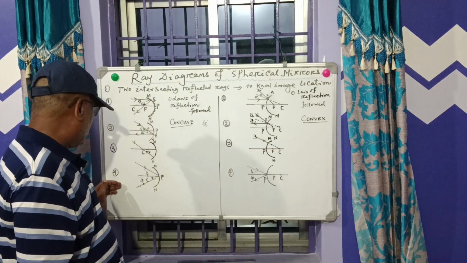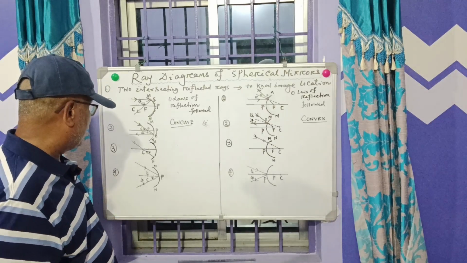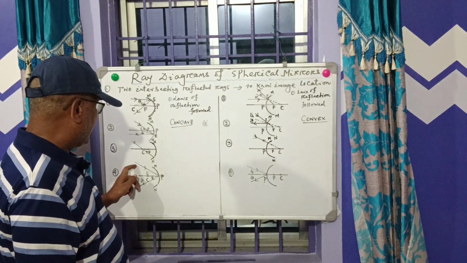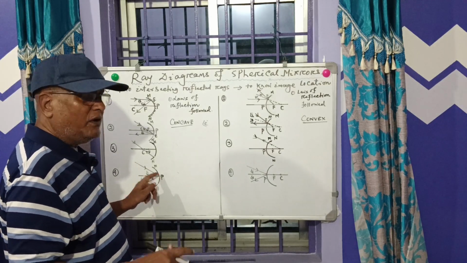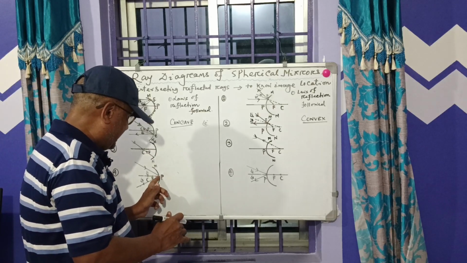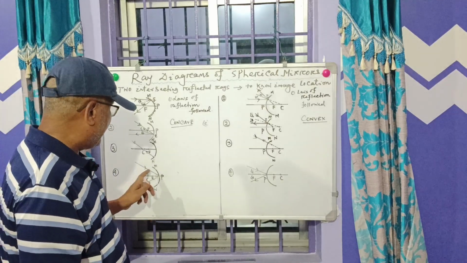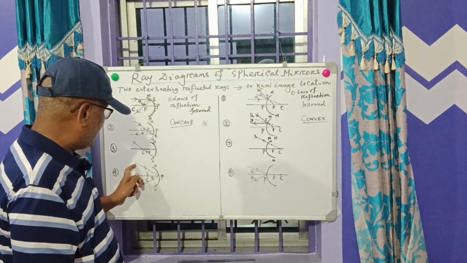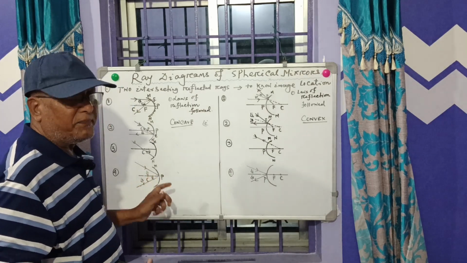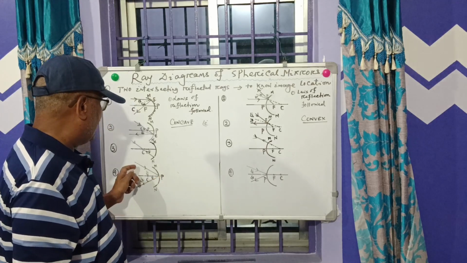Now come to the situation or case number 4. Now you see the incident ray falls at point P, the pole, obliquely, making an angle. So this is called oblique incident ray falls at the point P. So P is the pole.